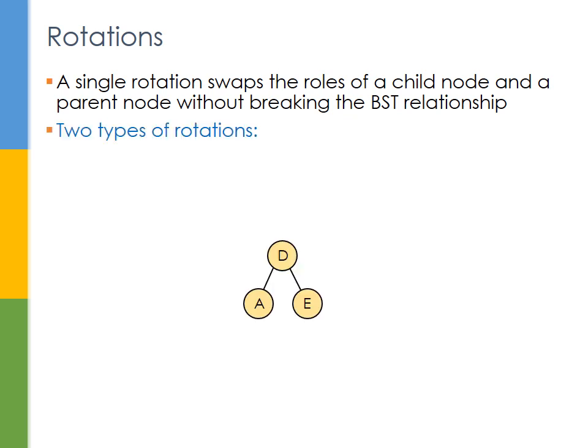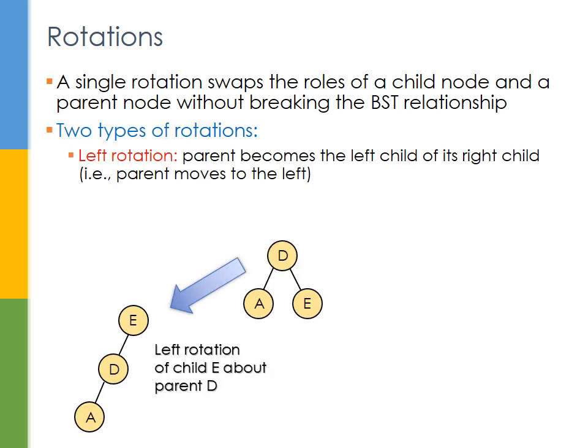So there are two types of rotations. Firstly, we have a left rotation, and in this case, the parent node becomes the left child of its right child. So what this means in practice is that the parent moves to the left.